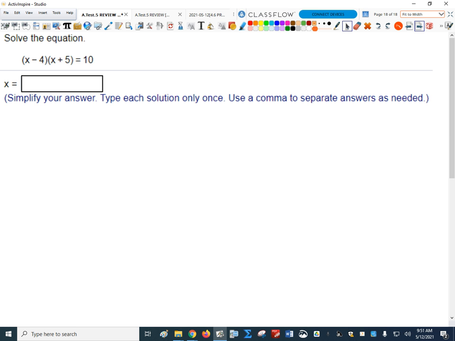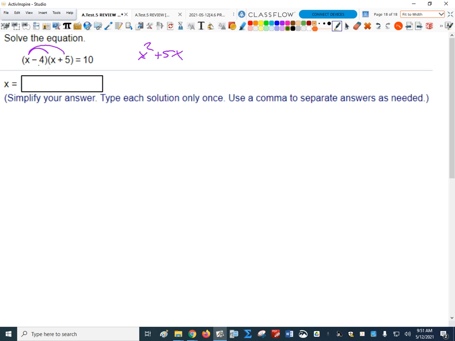What we've got to do here, does everybody see? I would have to simplify this whole thing and put it in standard form. So I would have to FOIL out the x minus 4 times the x plus 5, okay? So if I FOIL this out, if I distribute the x, I'm going to get x squared plus 5x.